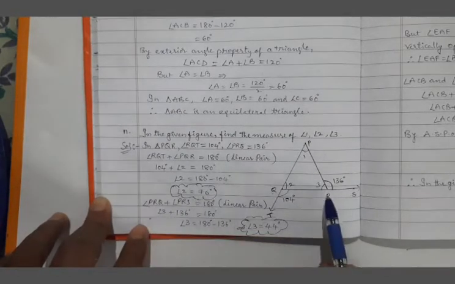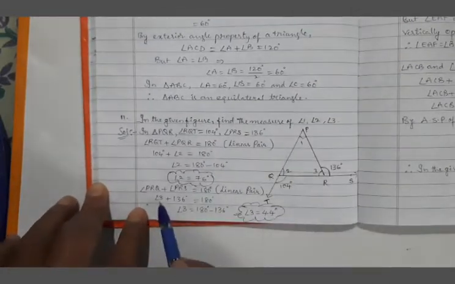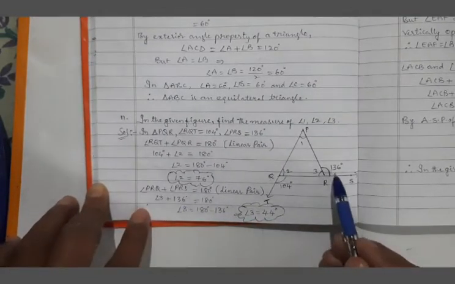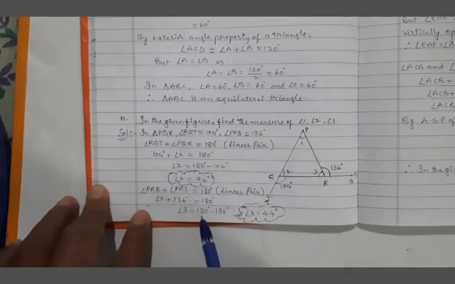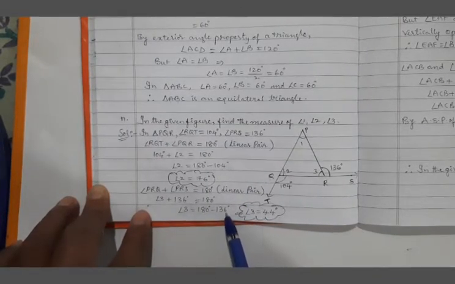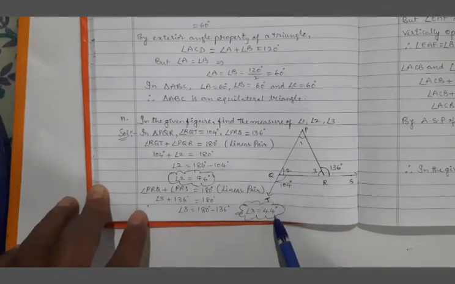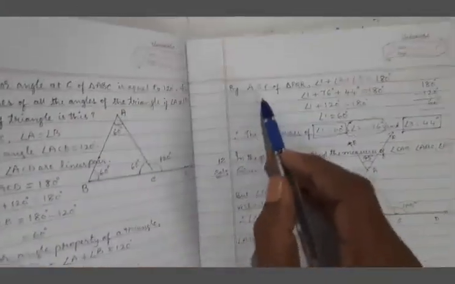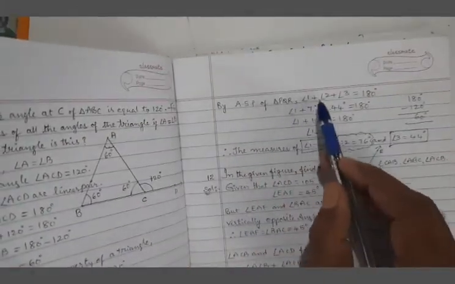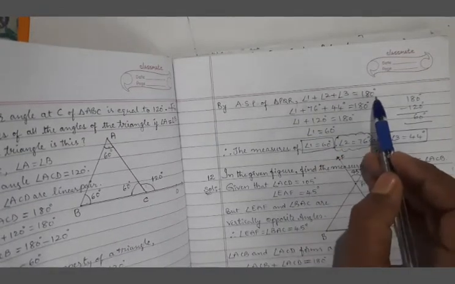Next, here this was explained earlier. So angle 3 plus 136 degrees together form a linear pair. So angle 3 is equal to 180 degrees minus 136 degrees, which is 44 degrees. Now the last one is left, that is the first one. By the angle sum property of triangle PQR, angle 1 plus angle 2 plus angle 3 is equal to 180.